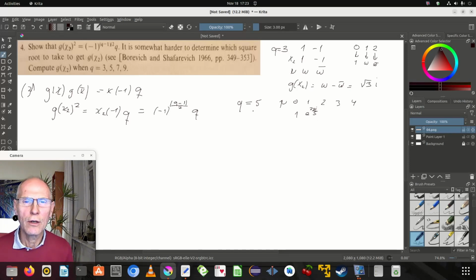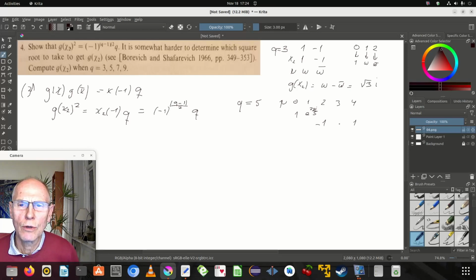Now, this is not right. Oh yes. So 2 squared gives 4. 4 squared gives, of course, unity. 2 times 4 gives 3, so we can set this to -1.